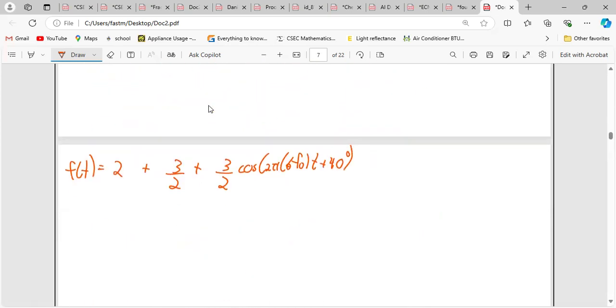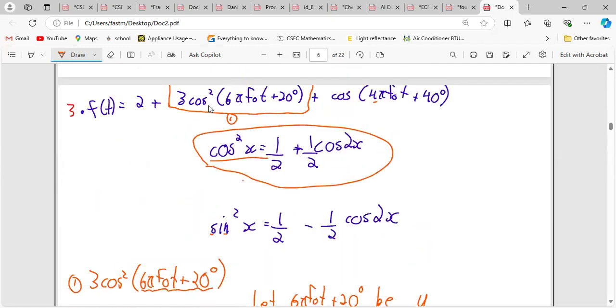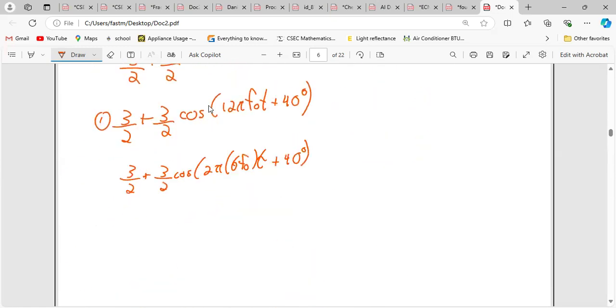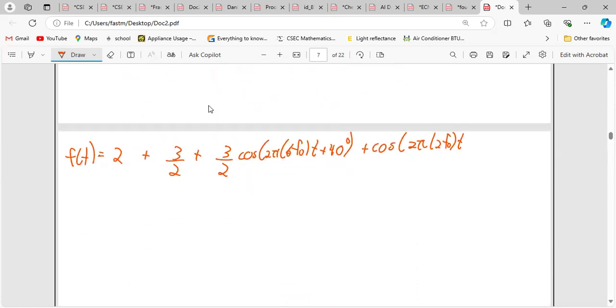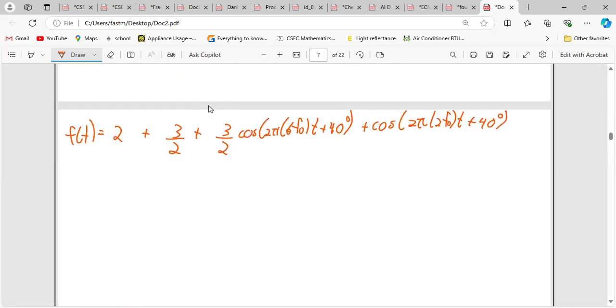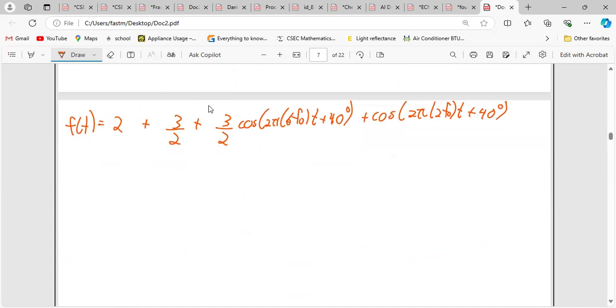If I factorize the 2π out of that, that'll be cos(2π 2 f naught t). And what the angle was, 40, right? Both of them at 40 degrees. So let me make sure I take down both of them correctly: 40, 40. Right, so obviously now we could group like terms.